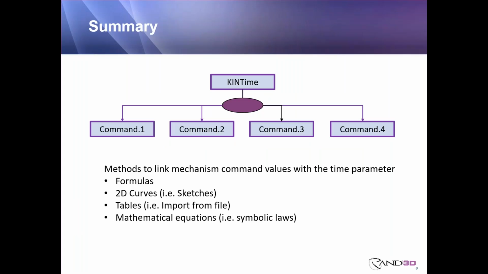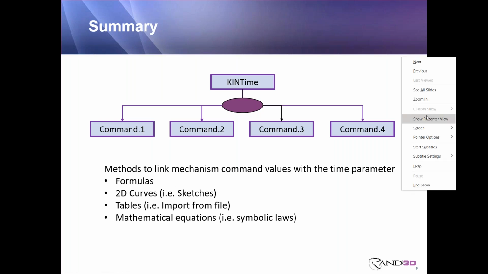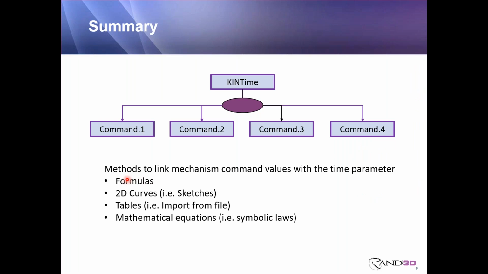All right, so just to summarize what I've shown you, when you want to run a simulation in your mechanism using just one parameter, kinematics time, you need to link kin time to all your commands. And there are 4 general methods for how you do that. You can use formulas, which I did in my first example. You can use 2-dimensional curves such as sketches.